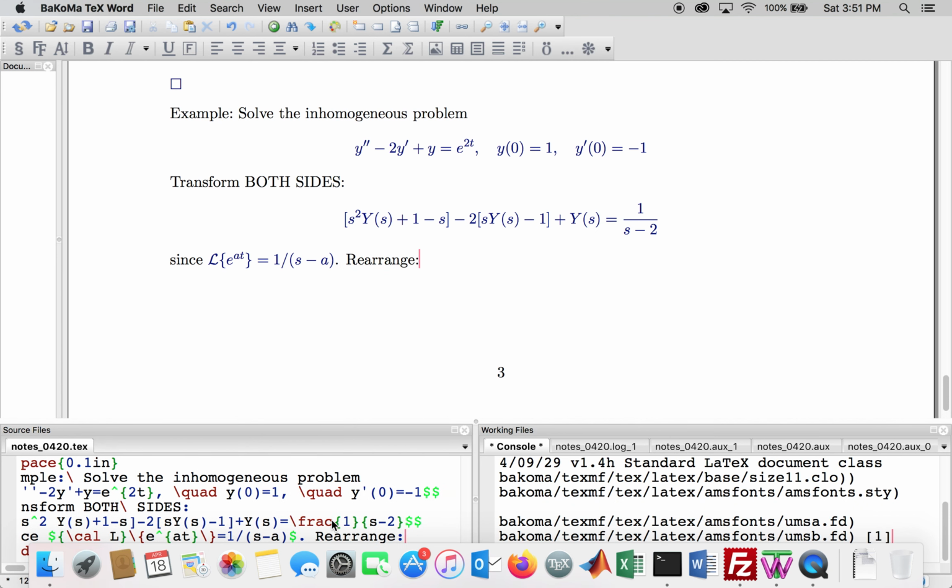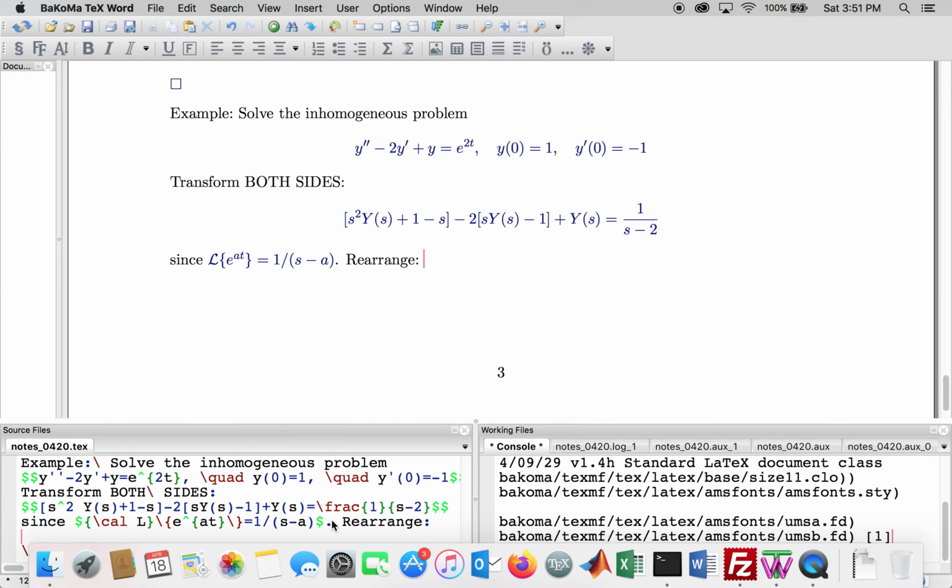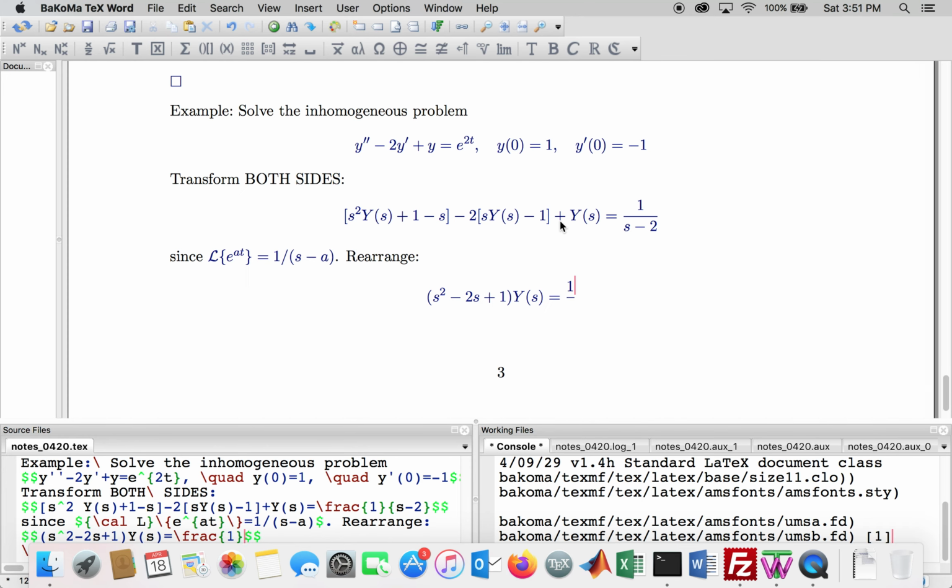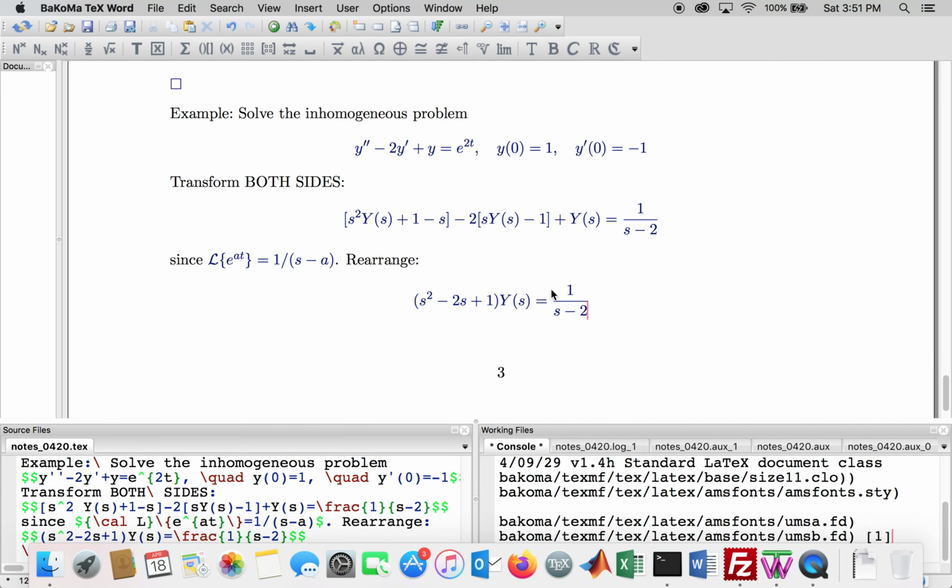So as before, we rearrange. I'm going to have anything multiplying capital Y of s, s squared minus 2s plus 1. And then on the right side, I'm going to have 1 over s minus 2 from before. And then any other terms will also move to the other side.